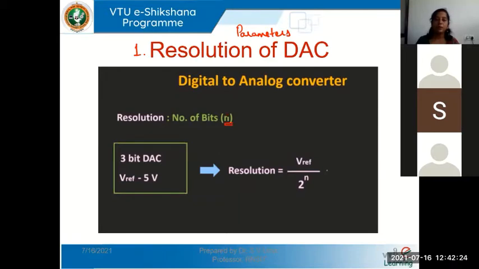That is, n is the number of input bits we have given to the DAC, and if I divide Vref by 2^n, it is a measure of the smallest voltage output from the DAC. We also call it the step size of the output voltage V0. So there are many different names for this.